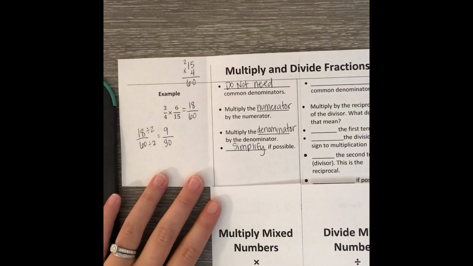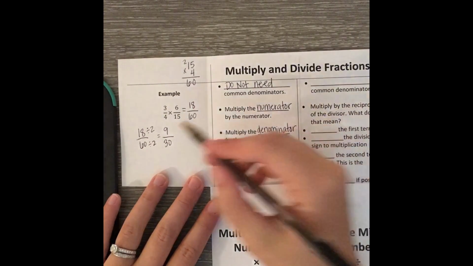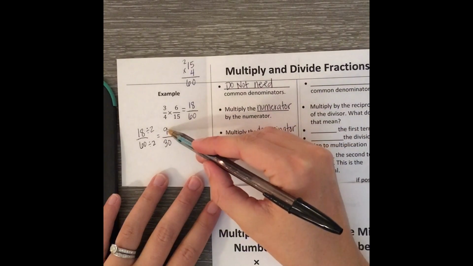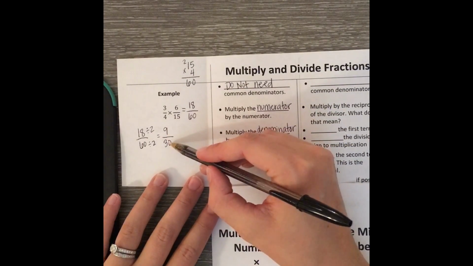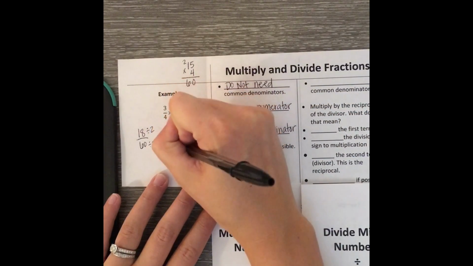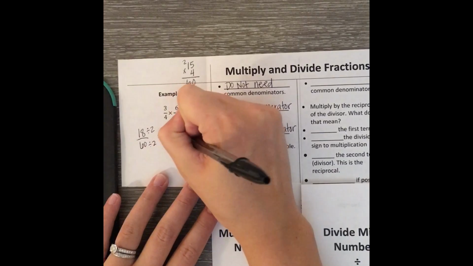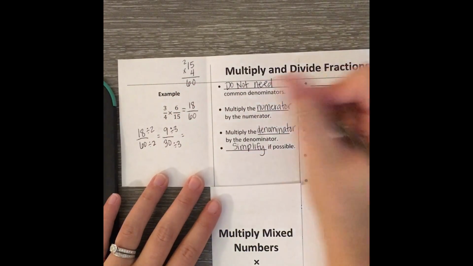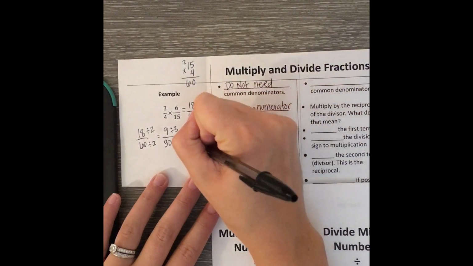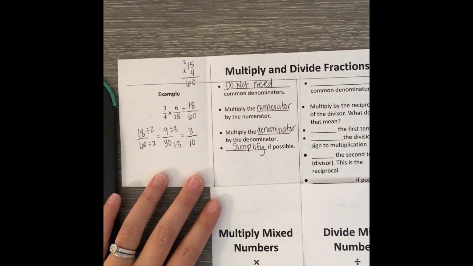And we see if now we can simplify any more. 9/30, well, let's think. I know 9 can be divided by 3, and 30 can be divided by 3, so let's start there. Divide by 3 on the top, divide by 3 on the bottom. 9 divided by 3 is 3. 30 divided by 3 is 10.